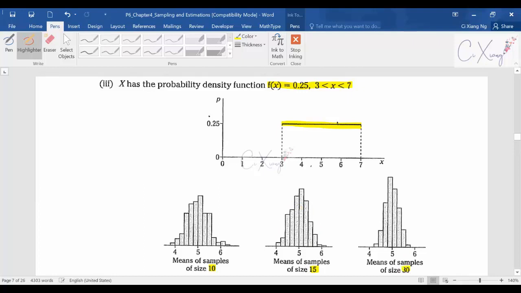And again, when they try to hit a sample size of 30, they realize that the graph for the sample mean looks very much like the normal distribution.